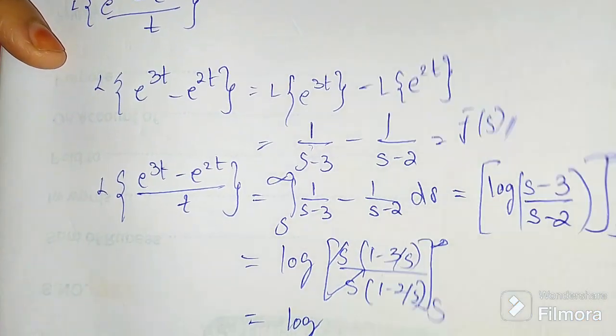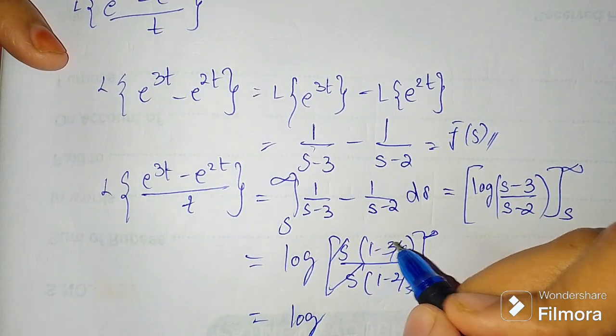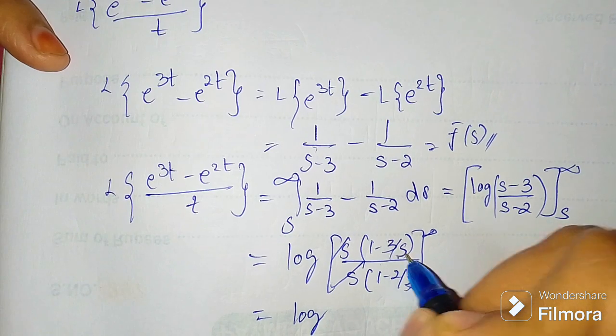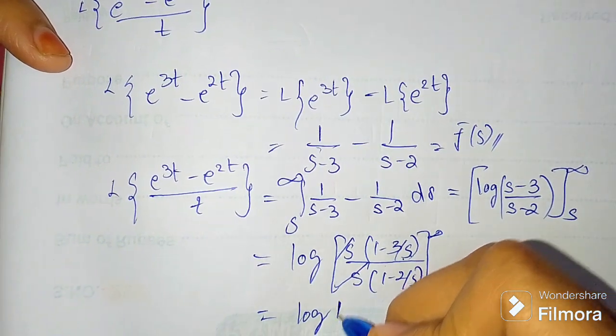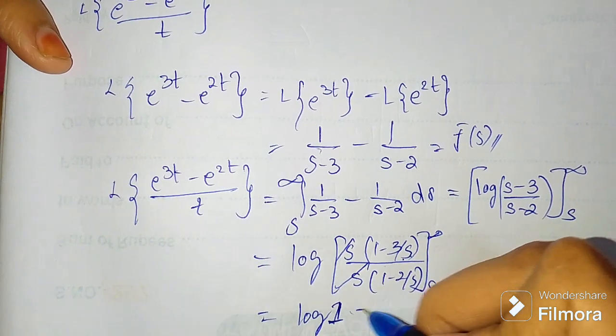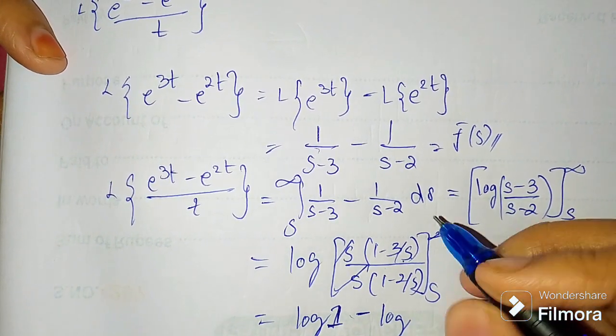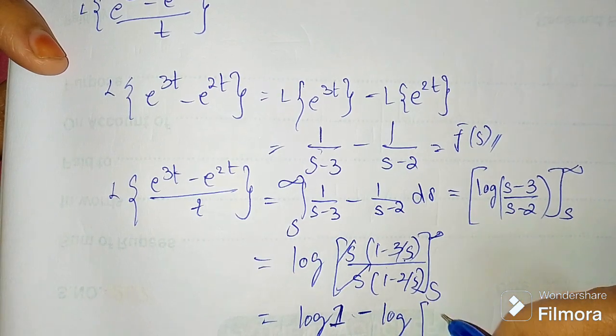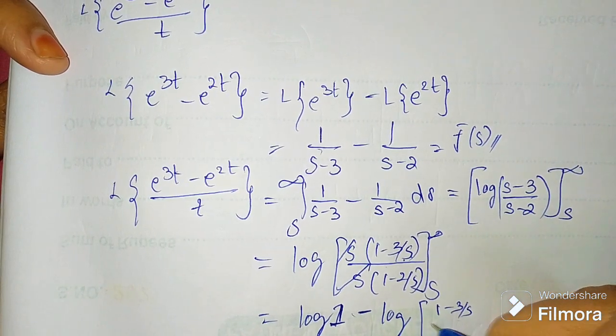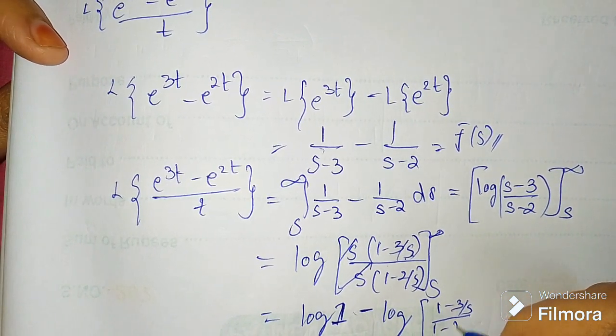So what I'll get? Log 1 minus, this will be infinity, 3 by infinity will be 0. I'll get log 1 here also. So finally I'll get log 1 minus log of, put same, wherever s is there put s. So I'll get log of 1 minus 3 by s by 1 minus 2 by s.